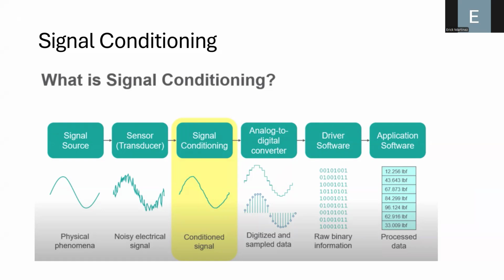And we want to remove this noise. For example, if you compare this sinusoidal with this one, you can see that the signal source is clean, but when the sensor is influenced by electromagnetic interference, you can see that we have a lot of variations in the signal, and that is a problem.